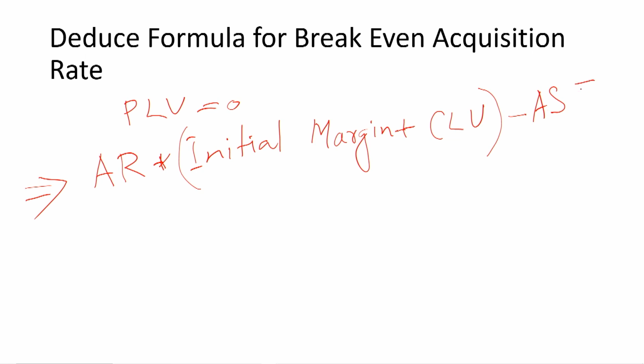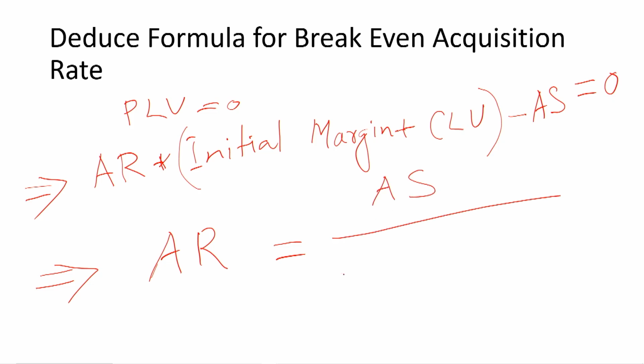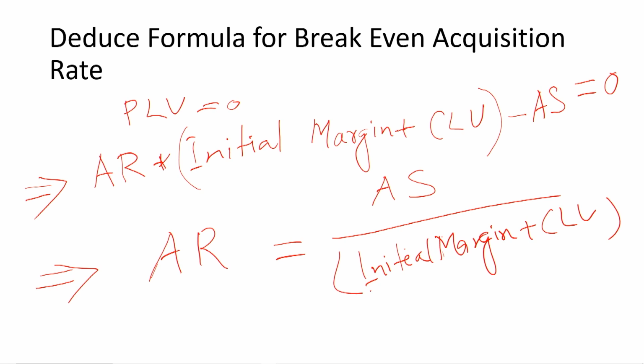So, this should be equal to 0. So, what will be my acquisition rate? Acquisition spending divided by initial margin plus CLV, right. So, this is the simplest form of equation.